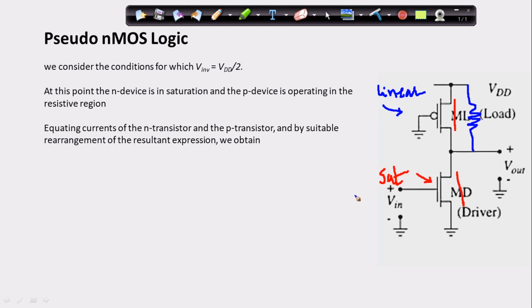So this transistor is replaced by a resistor, and the other is in saturation. One transistor is working in the linear region, and the other is working in the saturation region.